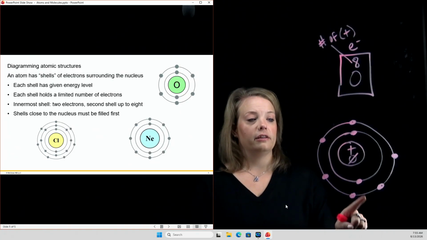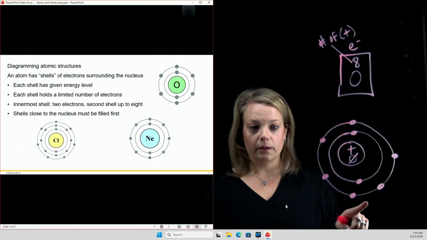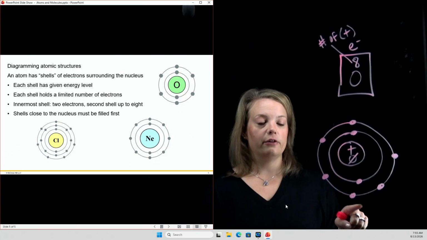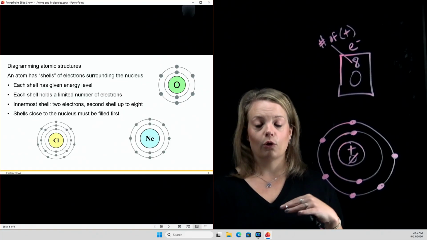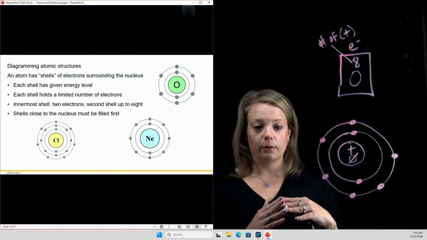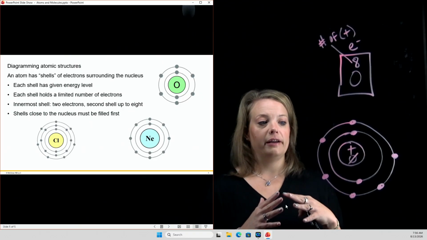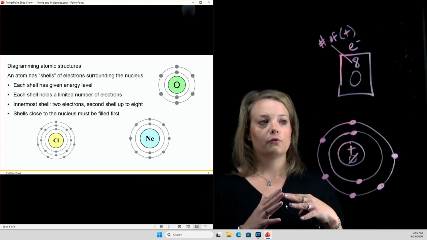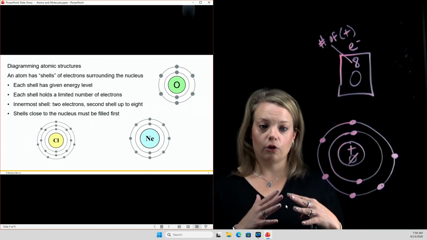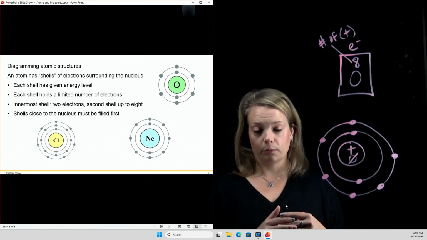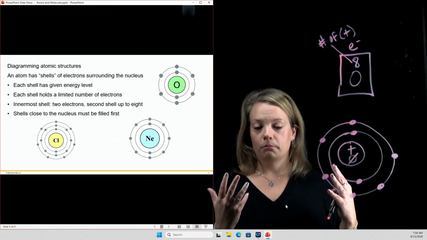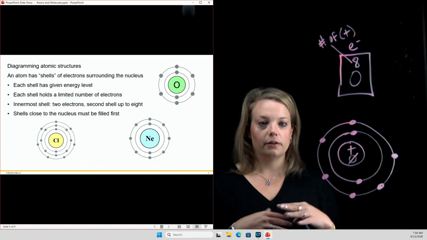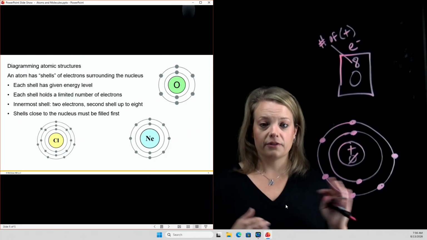The way that atoms become stable is by either giving up electrons, taking electrons, or sharing electrons with other atoms. By transferring or sharing electrons, atoms form chemical bonds. And again, that's what's going to build molecules, macromolecules, organs, tissues, cells, things like that.